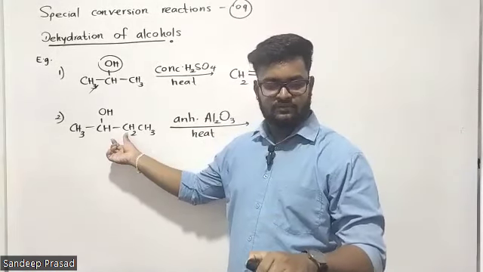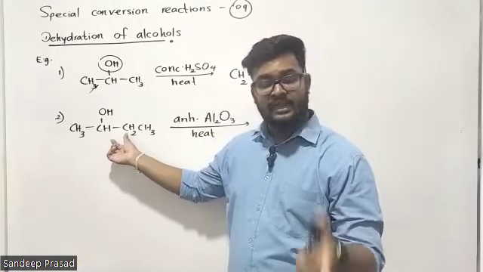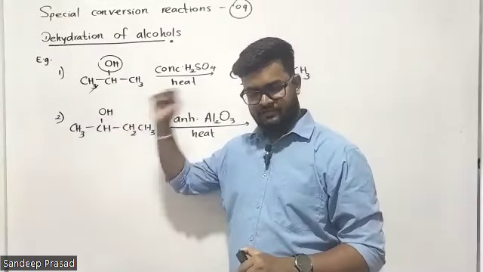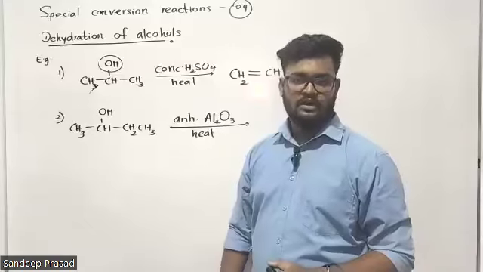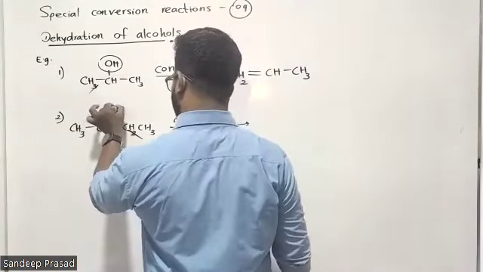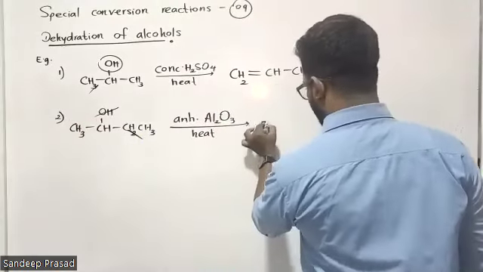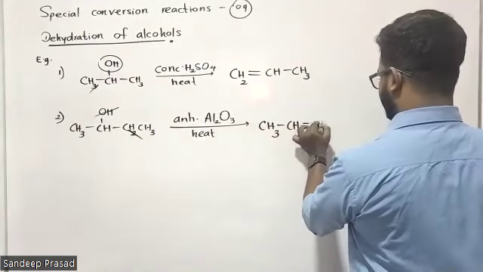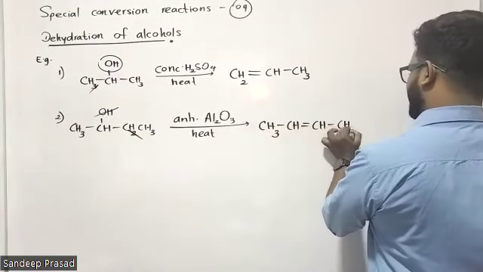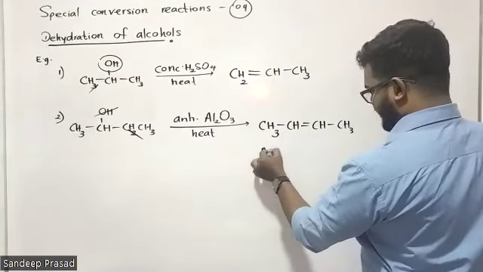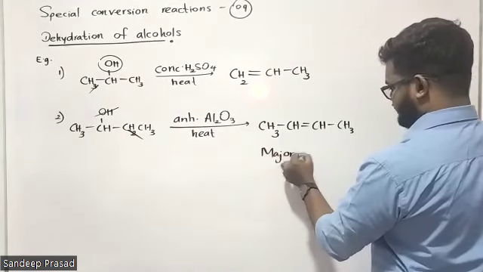Then according to the Zaitsev rule, from which carbon atom should the hydrogen be eliminated, left or right? Definitely from the right side carbon. Then this hydrogen is eliminated with the OH, and the product is CH3, CH double bond CH, CH3. Friends, I told you this is the major product.